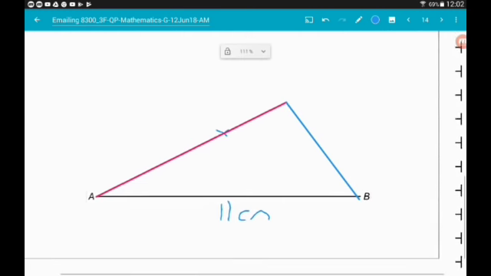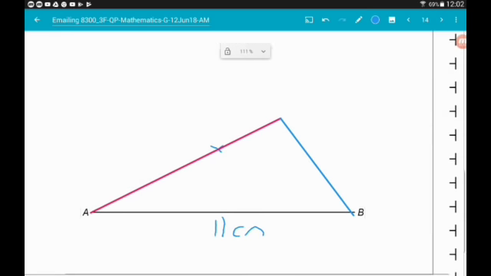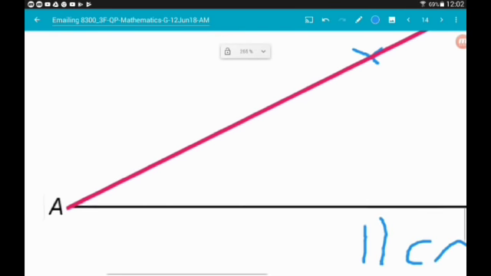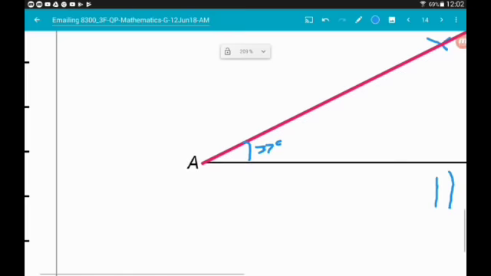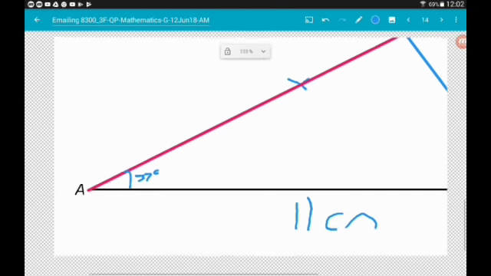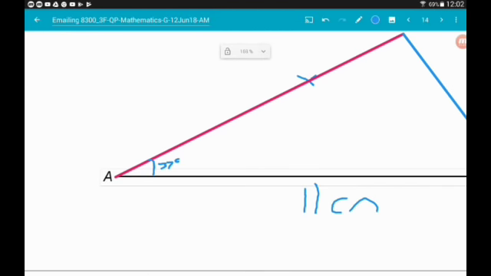Now we know between AB and AC there was an angle of 37 degrees. So what you want to do is put the centre of your protractor on point A and find 37 degrees and then mark that point just using your protractor.